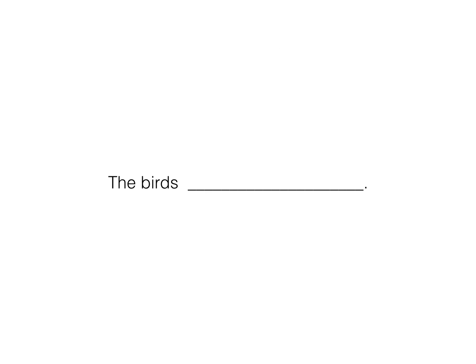Now, here we have an example of a fragment. It says there, the birds, blank. Here in this fragment, we have a subject, and our subject here is birds. And we have a plural subject. Now, which present tense verb form will agree in number with the subject?